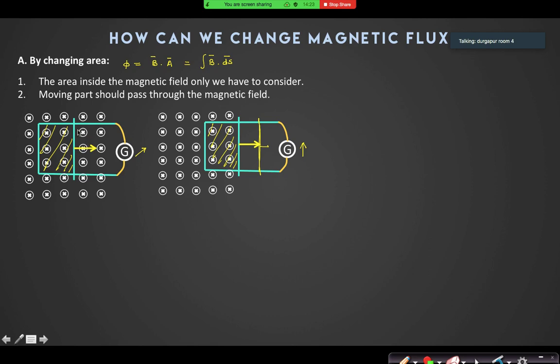No, sir. That is why I have always said that the moving part should always pass through the magnetic field. It also has a reason. We will discuss the reason in depth later in this chapter, why the moving part should be inside the magnetic field.